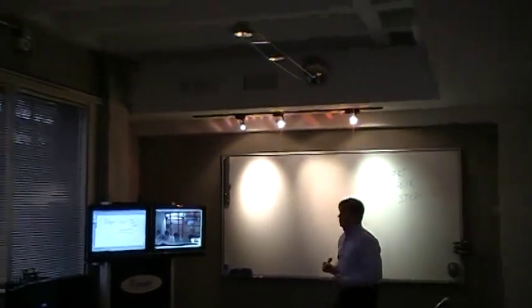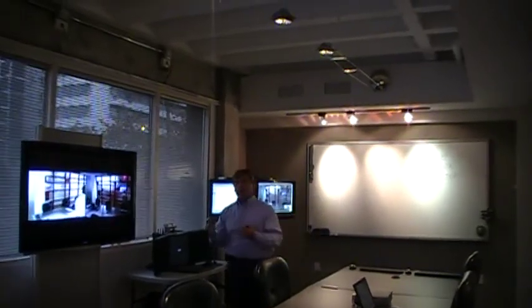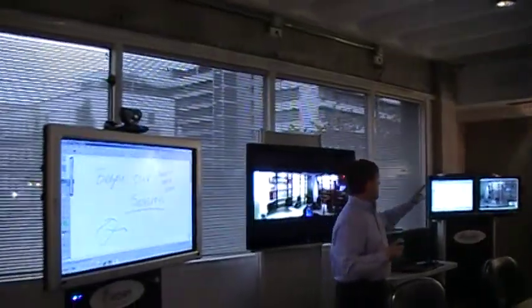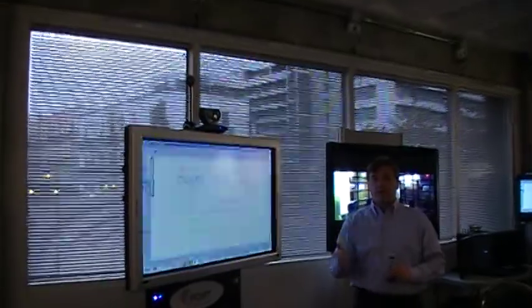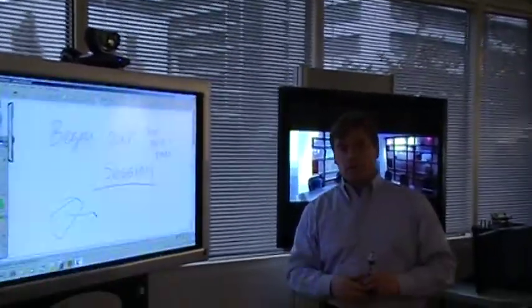Now, what you'll notice is we're converging static whiteboards with interactive whiteboards, bridging the distance between Atlanta and Vietnam, all on a mobile platform, converging interactive whiteboarding, high-definition video conferencing, and web conferencing tools.